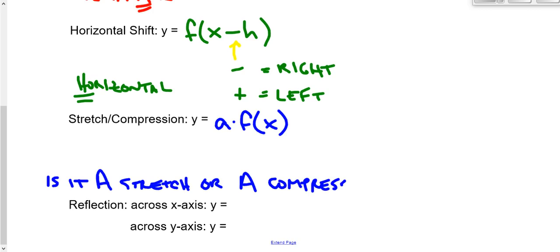I know it's not as fancy as the other ones because they actually had the letters or sounds in them, but if you ask yourself, is it a stretch or is it a compression, it'll help you remember that the letter A is what we use to multiply out front to show that this is happening, okay?